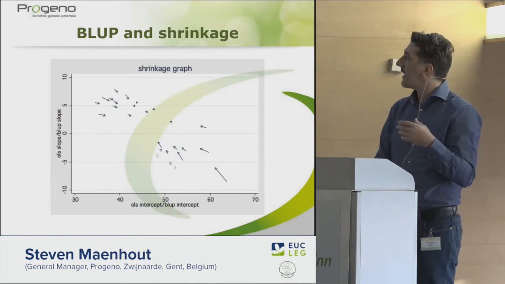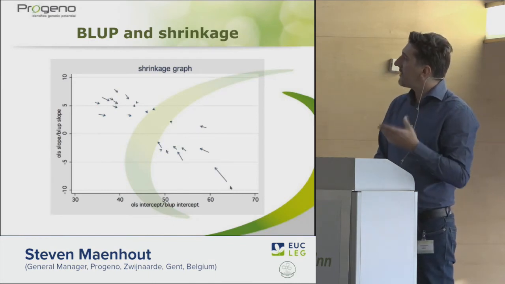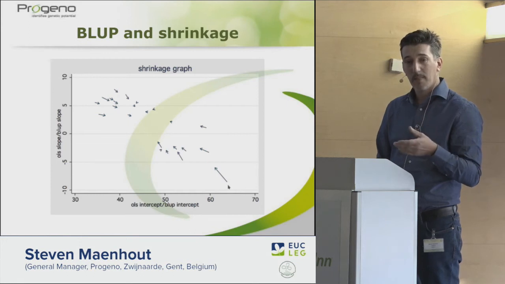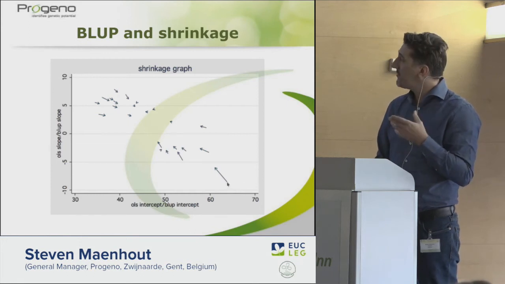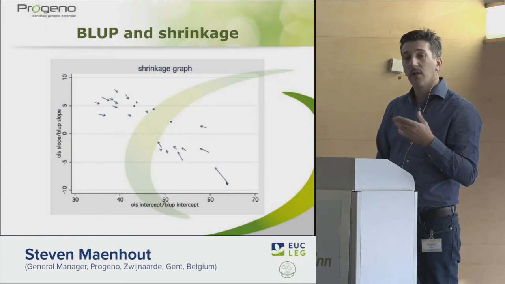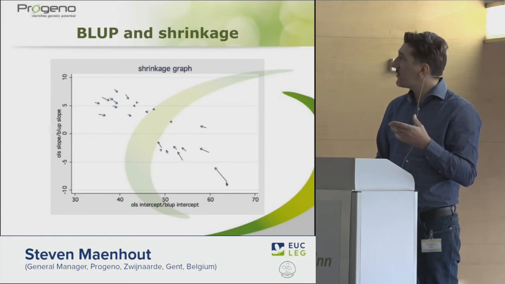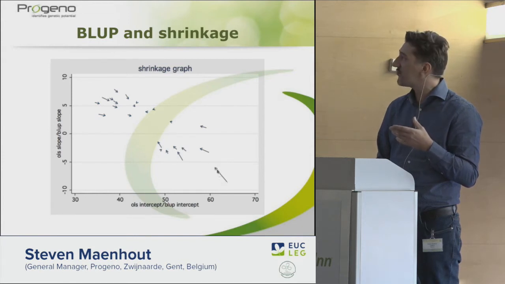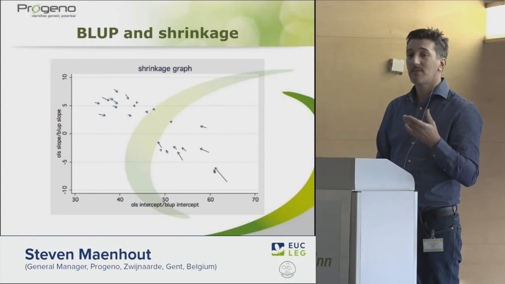This shrinkage method protects you from choosing these outlying individuals each time, because there is no certainty that their actual position is there. It doesn't prevent you from keeping this individual on, and next year you will see whether it is actually there or whether the estimate is really here. In most cases you will see that the shrinkage effect is correct.